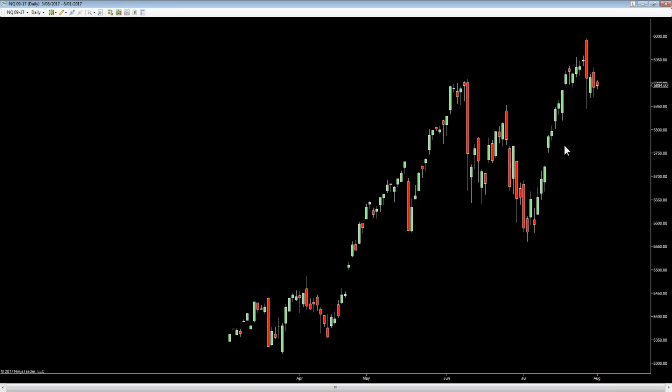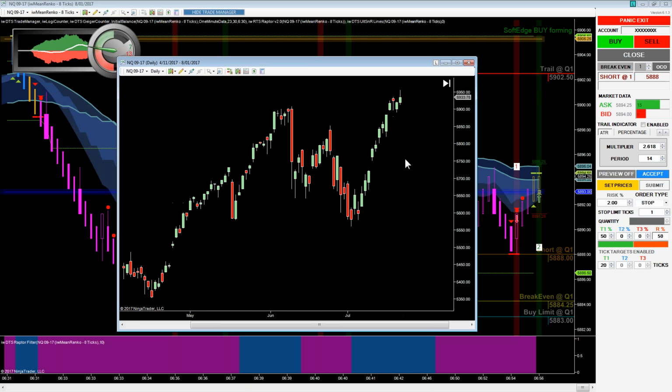So this chart's a little bit conflicted, but if I showed you the chart like this, you would be more inclined to say the market is in an uptrend at this stage. So what that means is when you're looking at a chart on an intraday level, you're probably going to favor buy signals to sell signals.